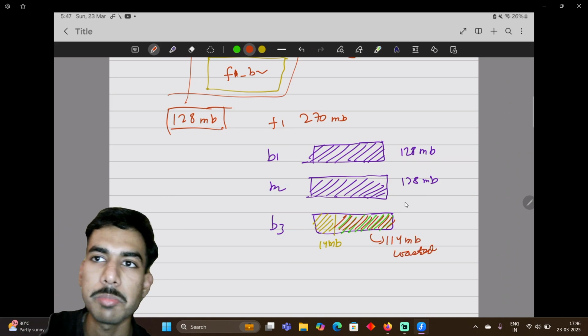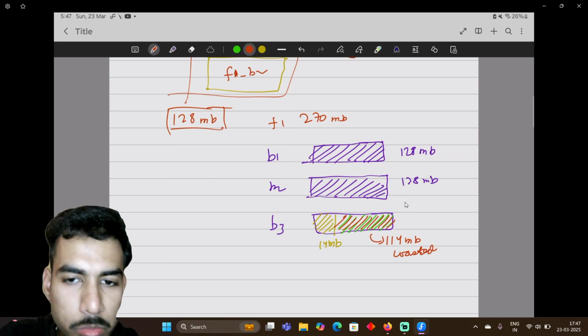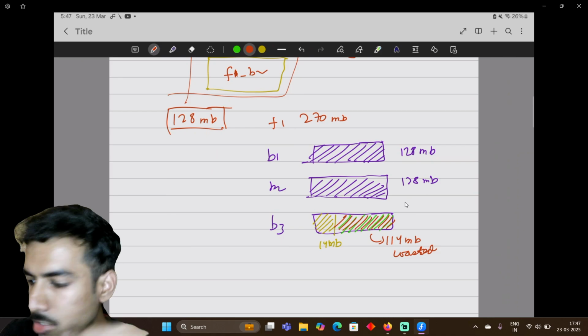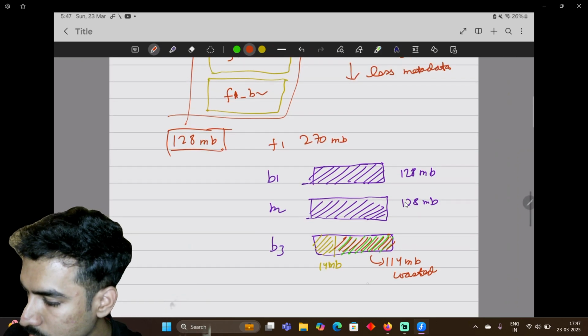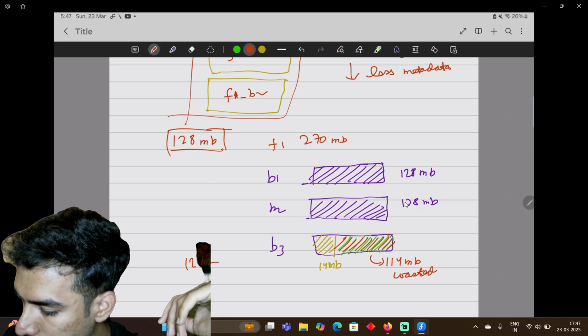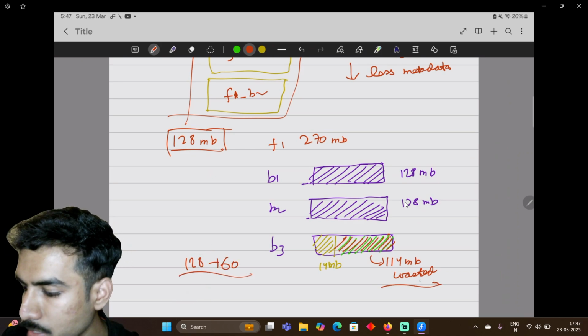That's why people think, can we change the default block size in HDFS? Yes, you can change it if you don't want the wastage to happen. You can change it to a lesser size, 128 to 60, and you will make less wastage.